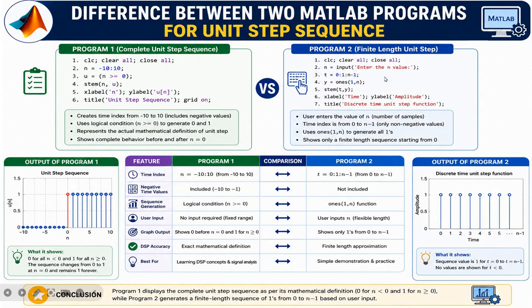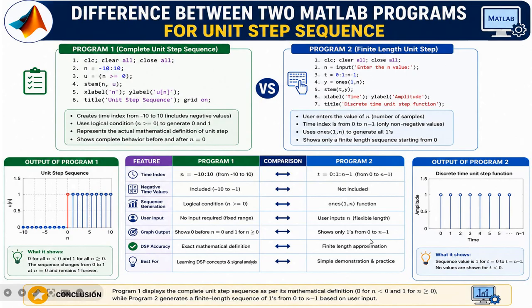Then comes program 2, which generates a finite length unit step sequence using the ones function, and instead of defining the signal mathematically, the user first enters the number of samples here. So the program then creates a time vector from 0 to n minus 1 and generates a vector containing only ones.